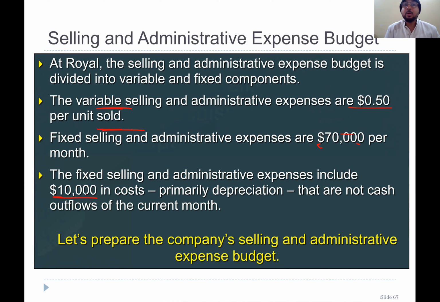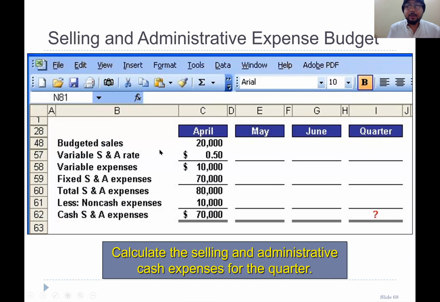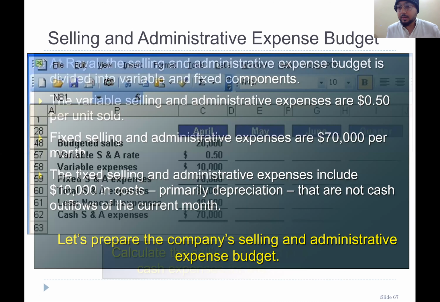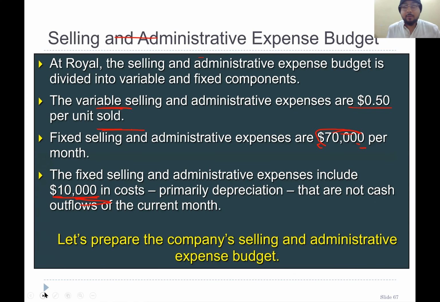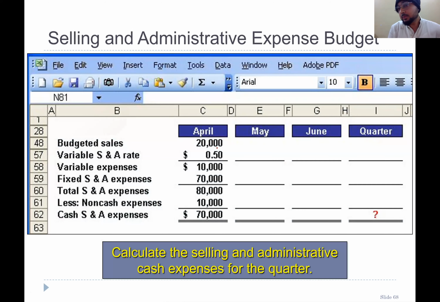So our income statement expense budget is going to include 70,000, but for our cash payment for selling and administrative expenses, we will subtract this 10,000, because when cash is involved, we do not include the effect of the non-cash item, which is depreciation. So let's make that. 0.5 multiplied by the April sales.